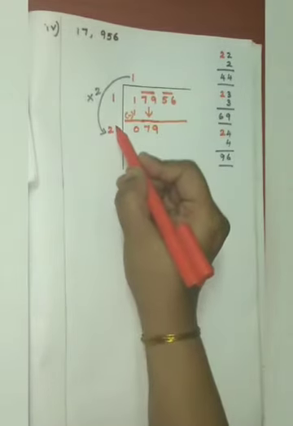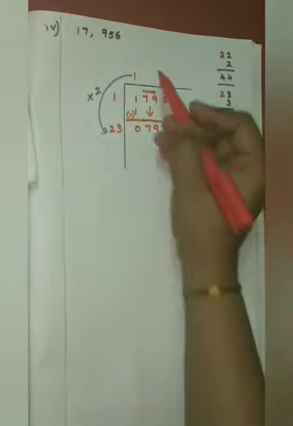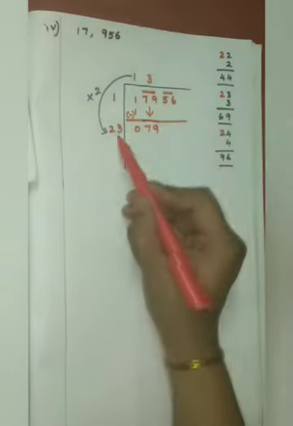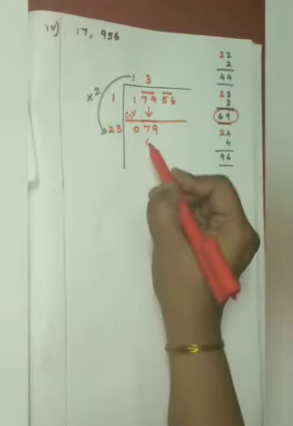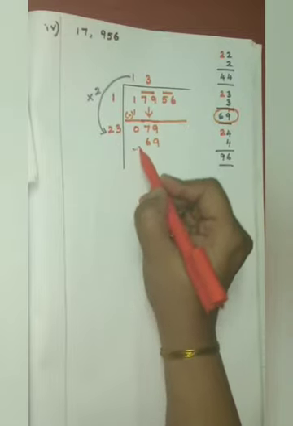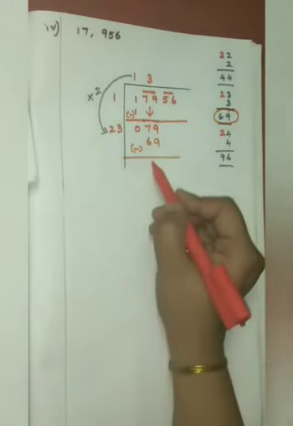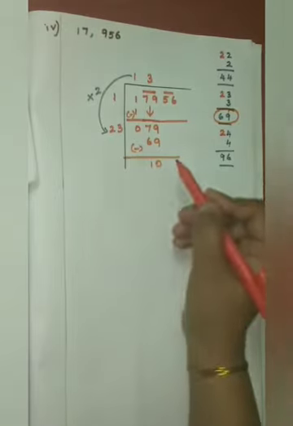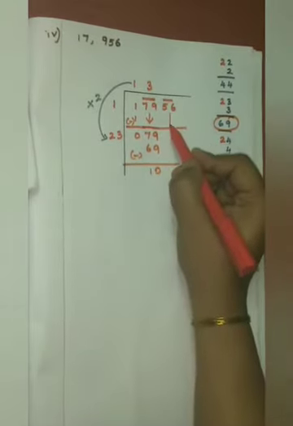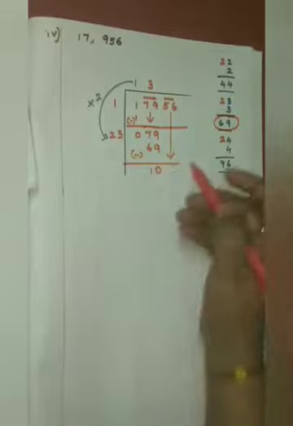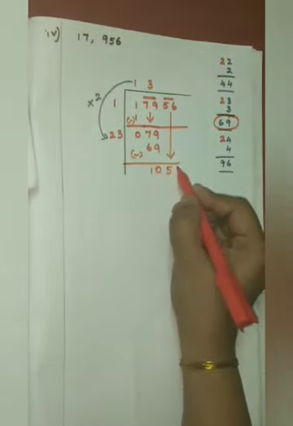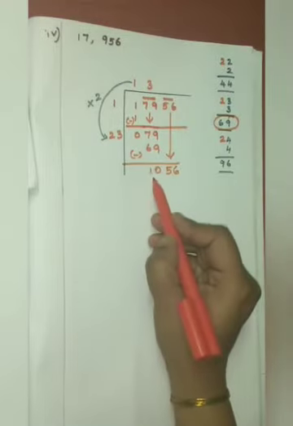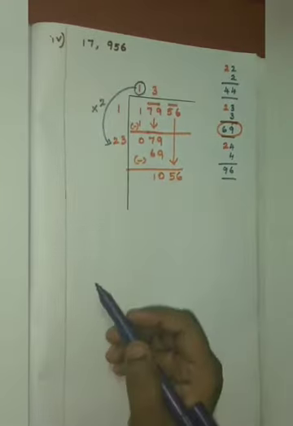Write 3 in divisor place and in quotient place. So when 23 is multiplied by 3, what did we get? 69. So you write 69 below 79 and subtract it. The remainder is 10. Now bring down the next period to the right of the remainder. Now the new dividend is 1056.